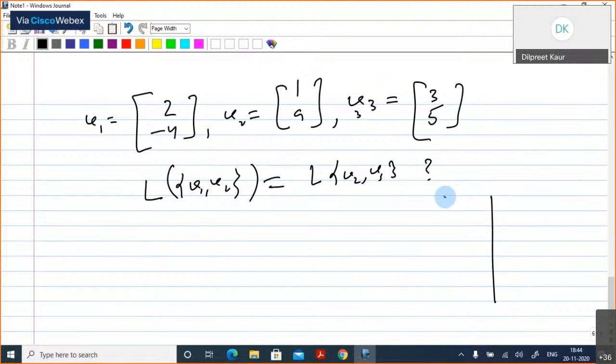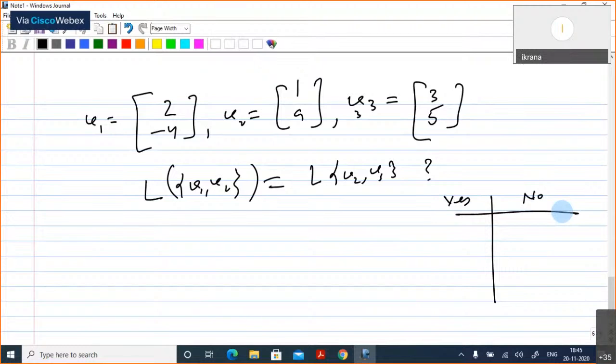I will keep track here. Dilpreet will tell me how many are saying yes, how many are saying no. As soon as you get one answer yes, tell me.